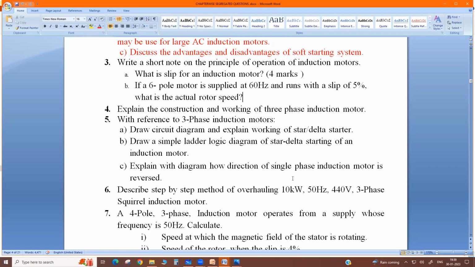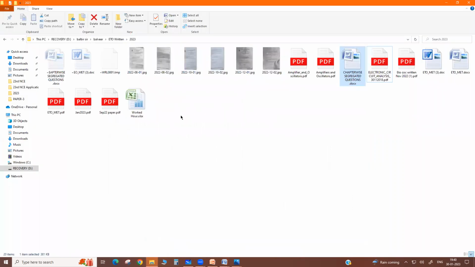Either a resistance split phase or a capacitor split phase. Then the capacitor split phase start motor has a high starting torque as compared to resistance split phase. What is the reason? This question was recently asked in your exam, I think in January month.